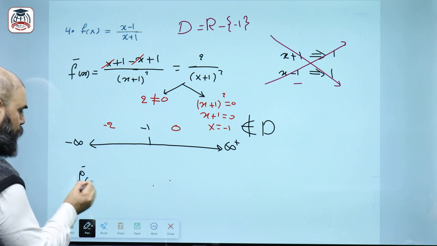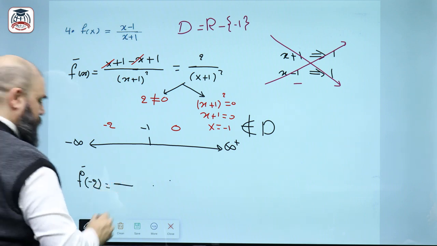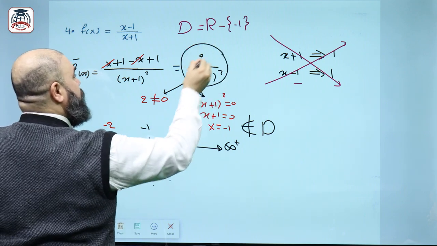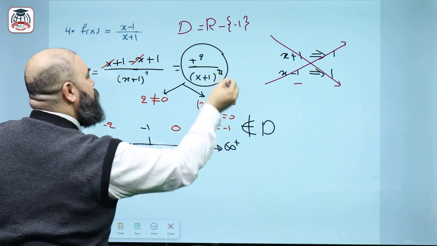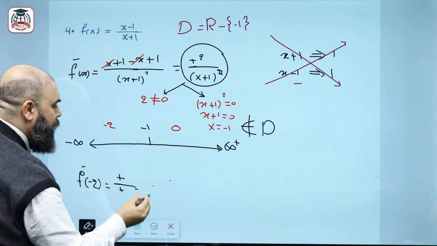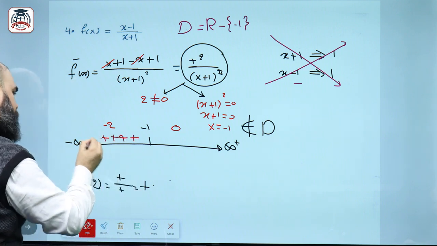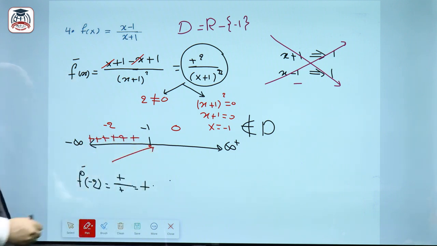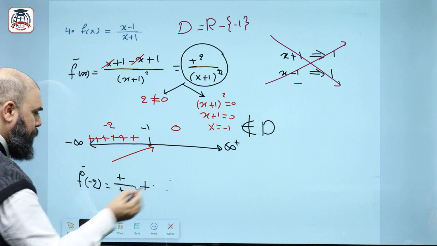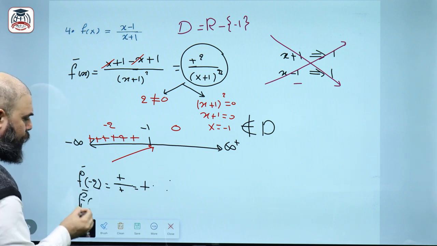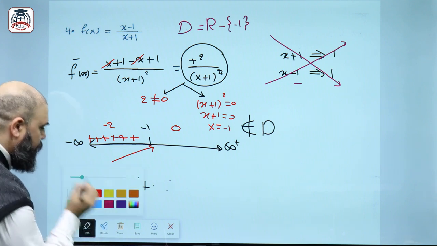F prime of negative 2 is always positive, because the denominator is positive, as a parenthesis with power 2. Then this region is increasing. Replacing 0 in f prime of x is also positive.